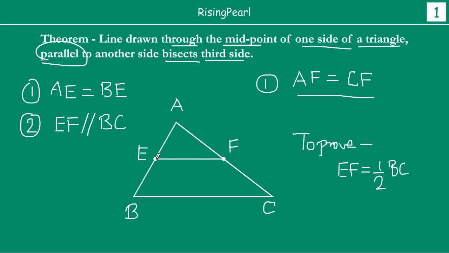That is, the line segment joining the midpoints of two sides is equal to half the third side, and also parallel to the third side. So this was from our last episode.